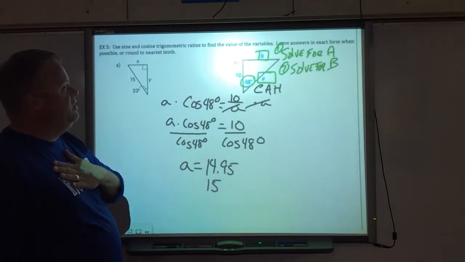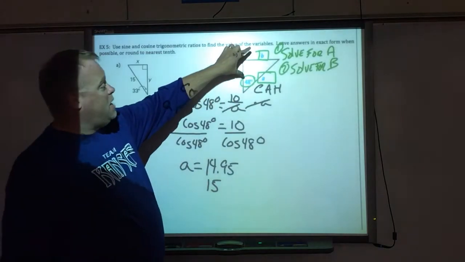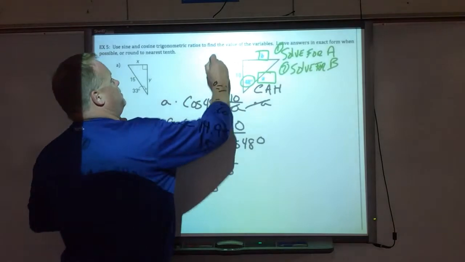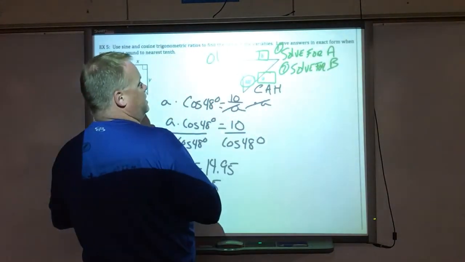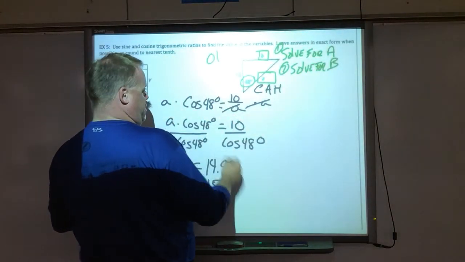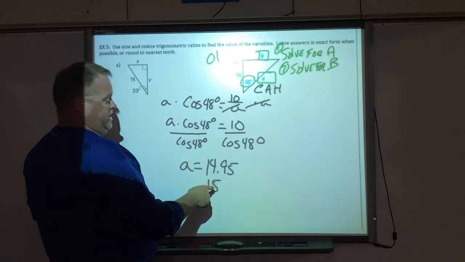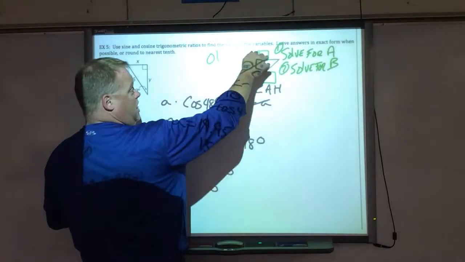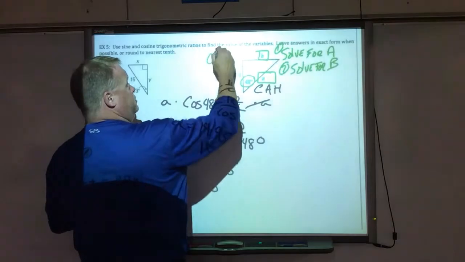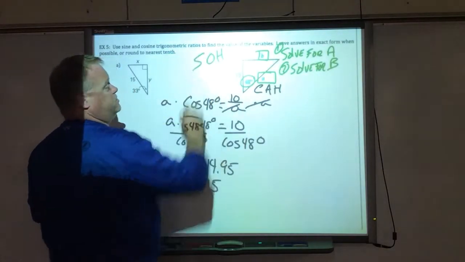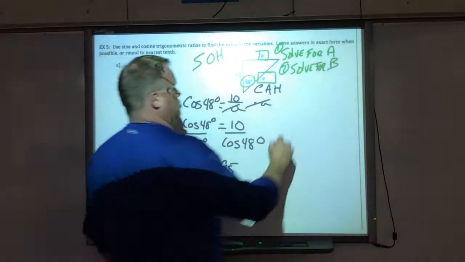Well, B. Well, I've got opposite of 48, so I've got an opposite over here. Well, I know A now. I know A is 15, so I could use opposite over hypotenuse. So here we go.